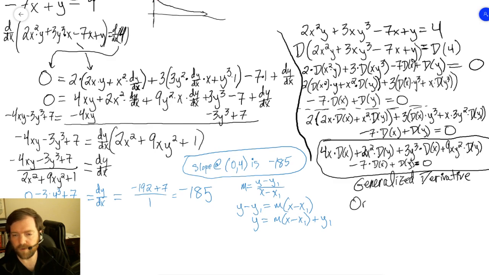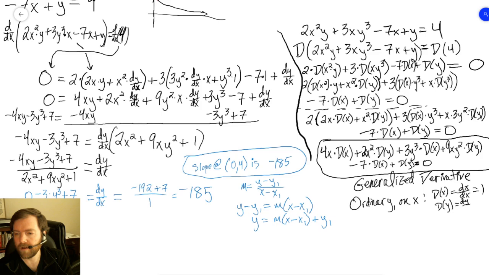And then if I want to do ordinary on x, then that means that the derivative of x with respect to x is going to be dx dx, or 1. And d of y is going to be dy dx, which is, again, our slope.